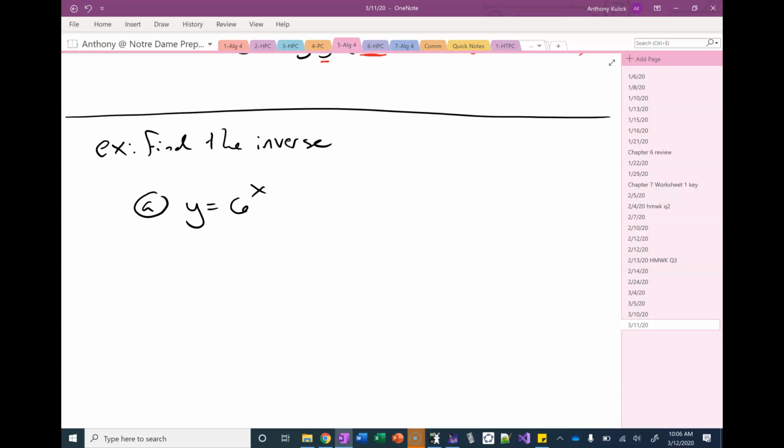So in order to get the x by itself, what do we have to cancel out here in this problem? The 6. Great. What is the 6? It's an exponent base. Very good. So to cancel the exponent base of 6, what do we need to do to both sides?